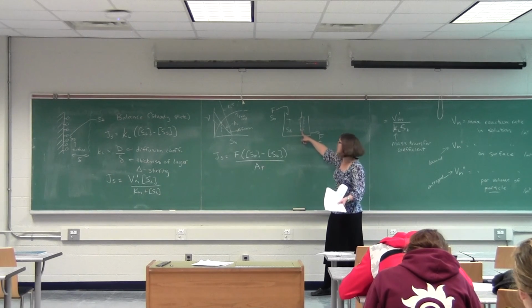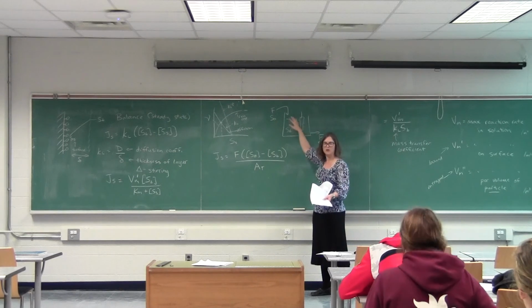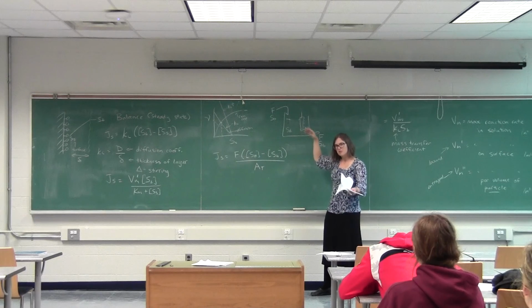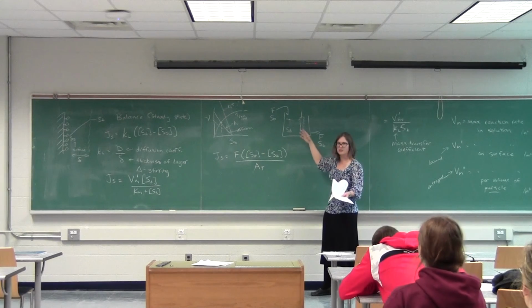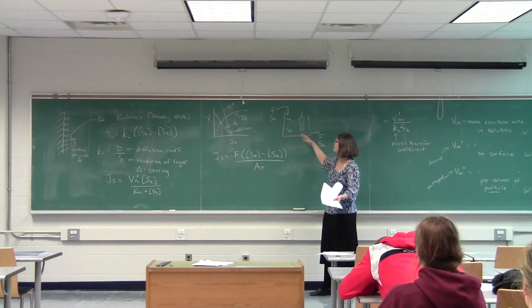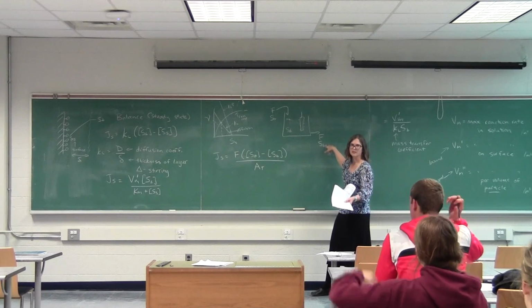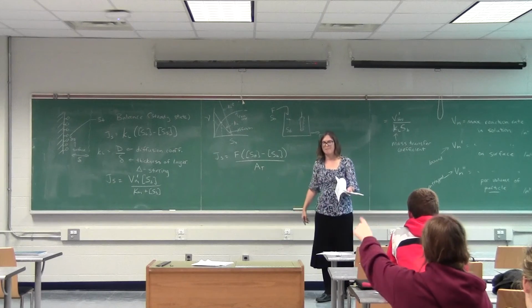Or conversely, if you knew that you had this many modules that you could put in with a known surface area, conceptually, you have all the information you need in order to figure out what our final substrate concentration is coming out. So that J_S is still equal to the other two J_S's?